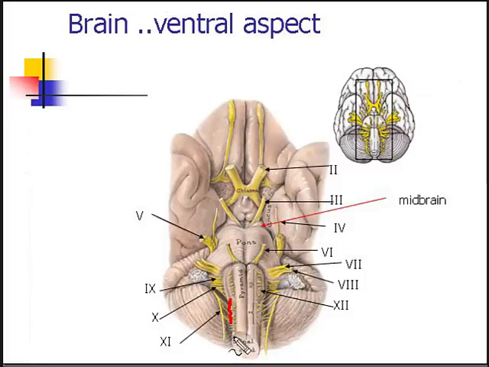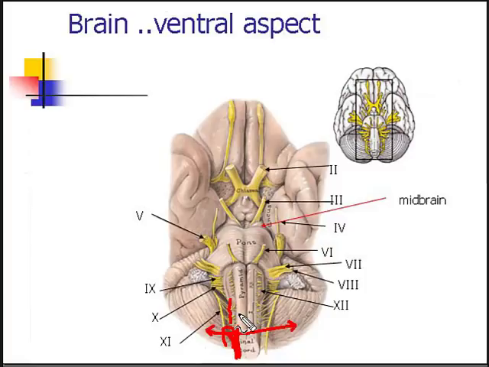From the spinal cord, these fibers travel up like this to form the accessory nerve. So when you take a section through the lower part of the medulla, you're still getting the spinal part of the accessory nerve. That's what is being shown here.